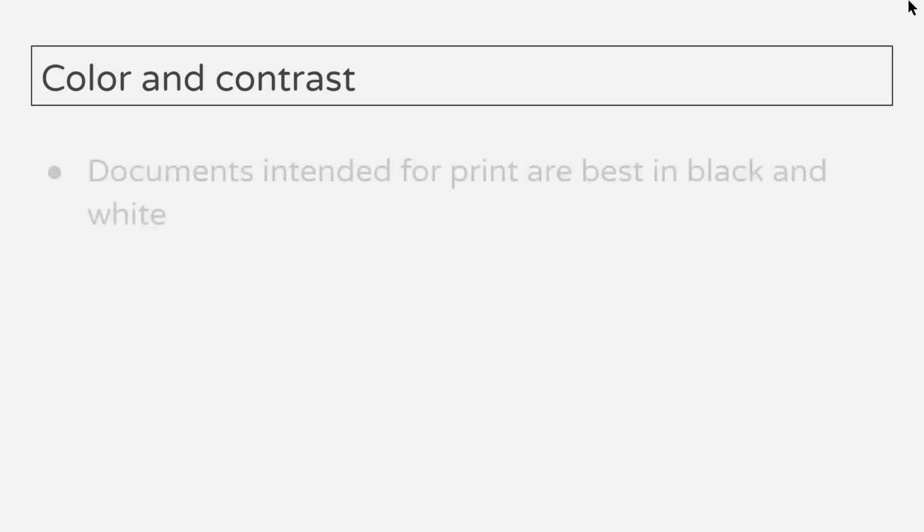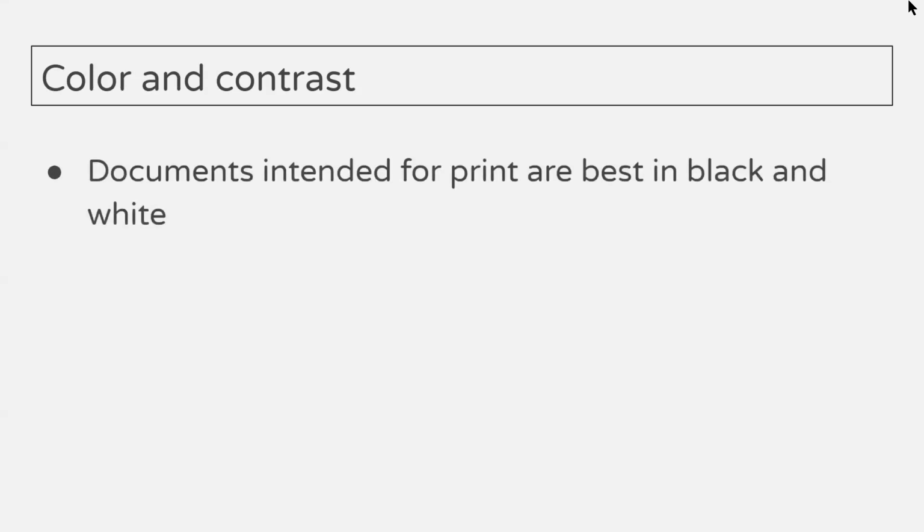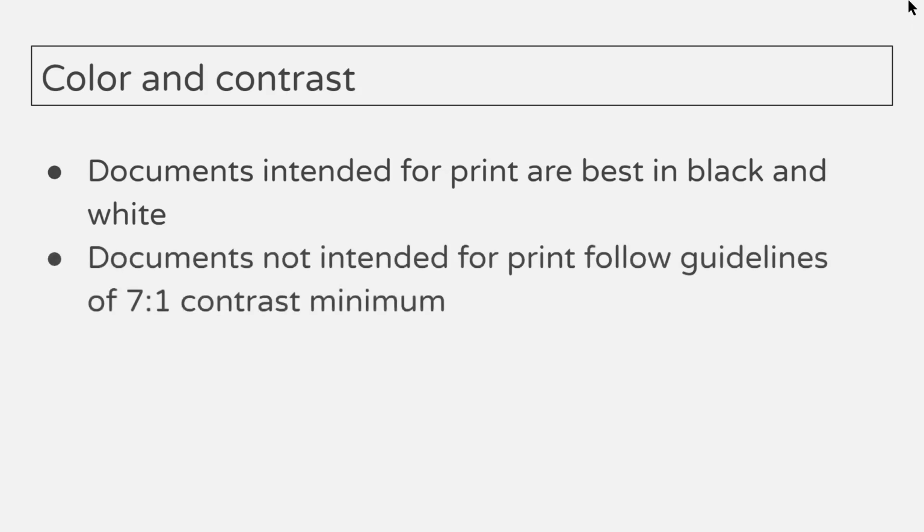Color and contrast. So use black on white for print. Whether you're using it for print or online, it's important to keep the contrast ratio in perspective. So black on white is 21:1.